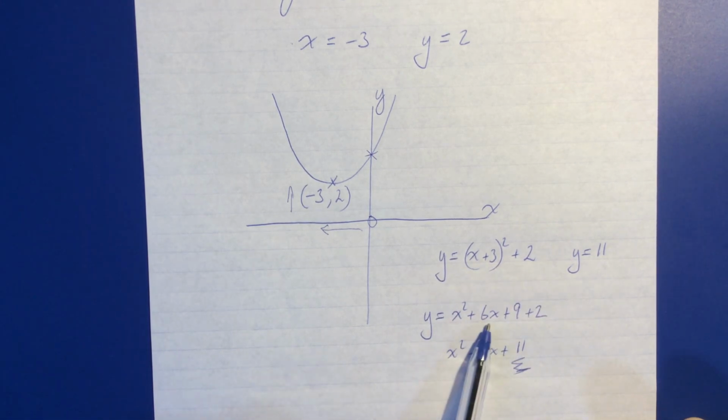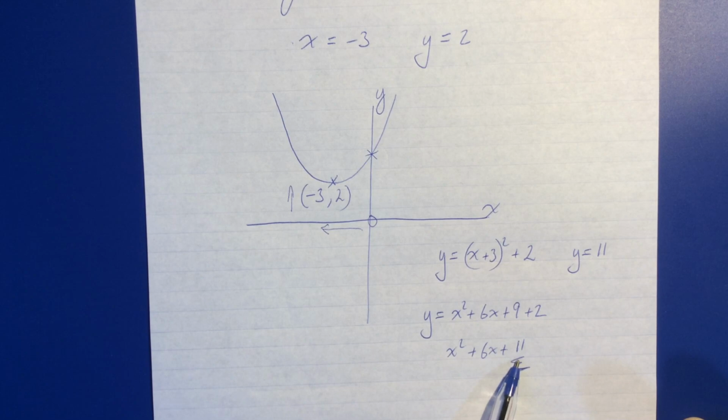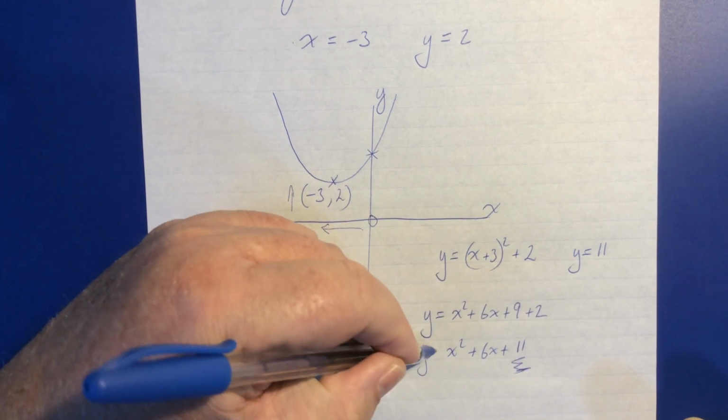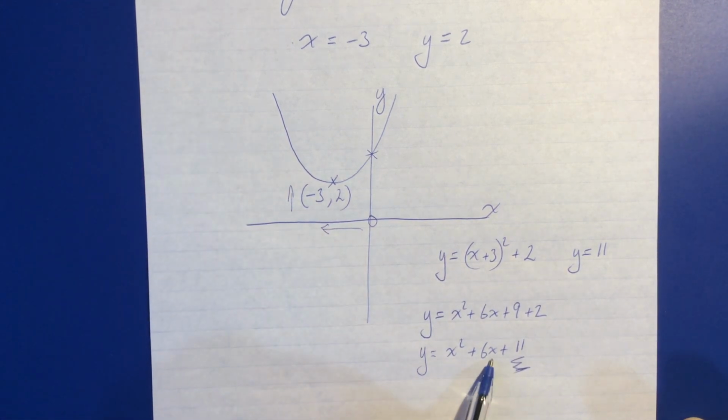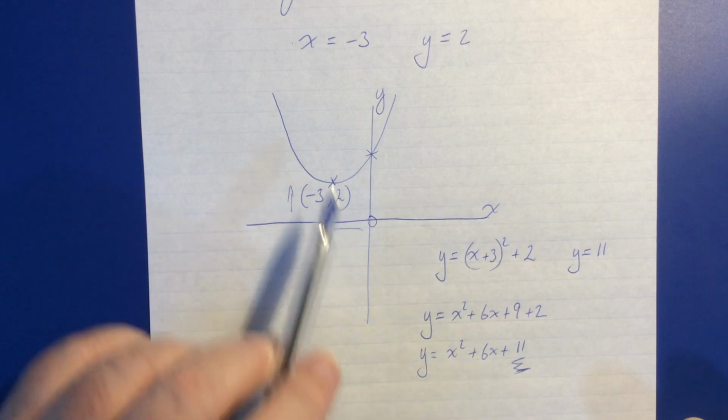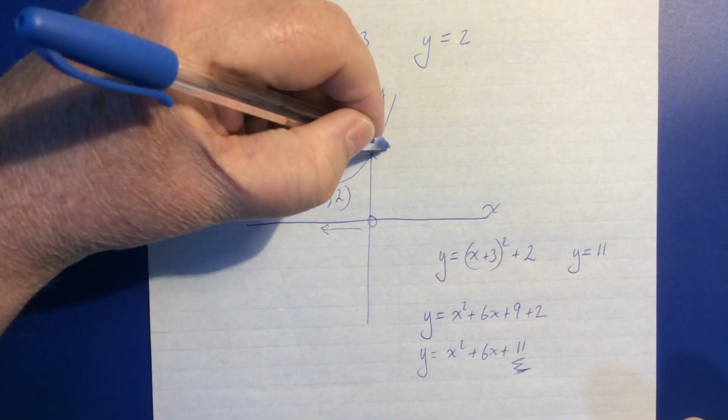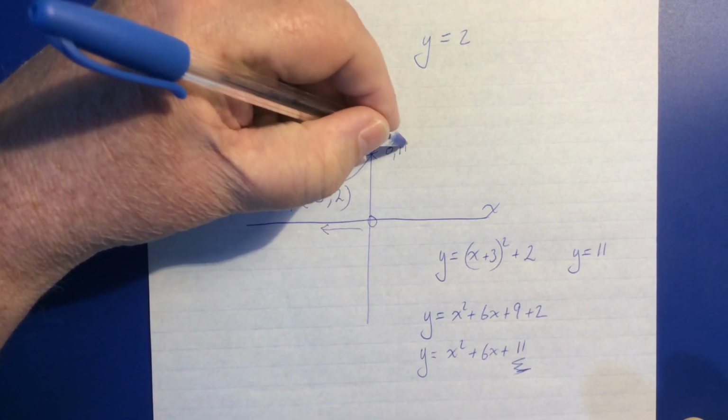So we wind up with x squared plus 6x plus 9 plus 2, which, when we tidy it up, gives us x squared plus 6x plus 11, and we know that this is the y-intercept, because if we make x equal 0, y will equal 11. That gives us this point here, which is (0, 11).